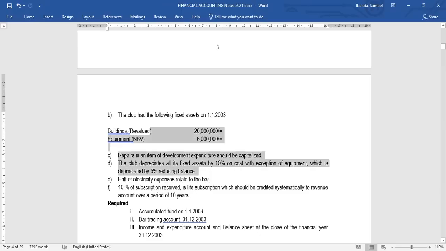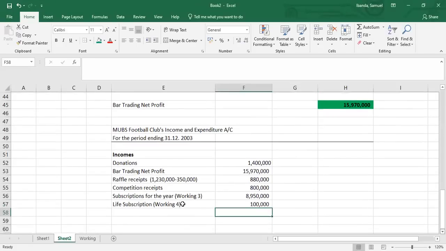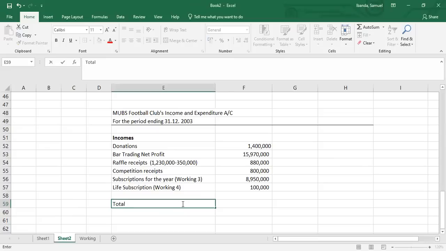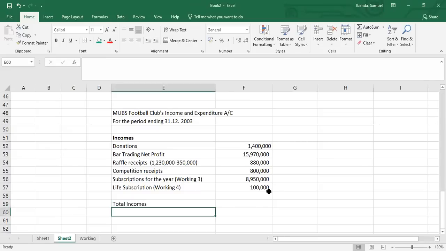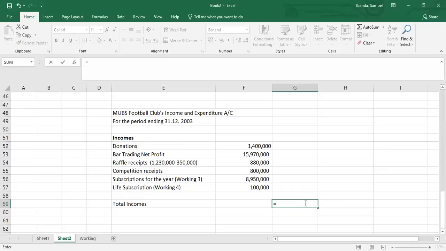These others really relate to expenses. So if that is all that I have for incomes, I'll go ahead to get my total incomes. When you sum up all this information, you should be able to get 100,000 as your income.